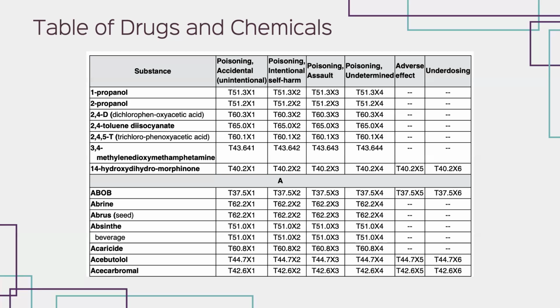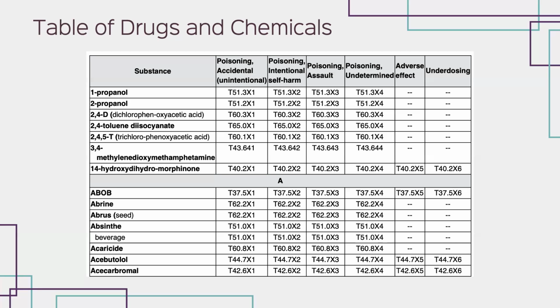Your adverse effect column is going to be used when a drug has been correctly prescribed and properly administered, but the patient has an adverse effect to the drug. So an allergy, a side effect, dizziness, something along those lines. And then lastly, you've got your underdosing column.